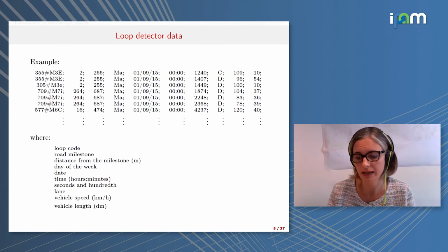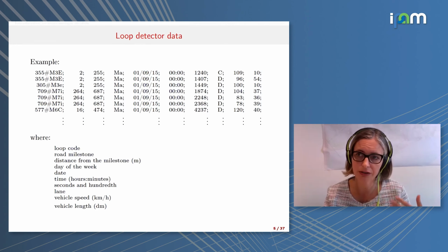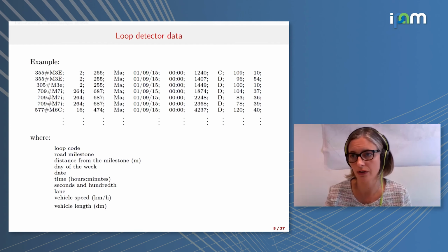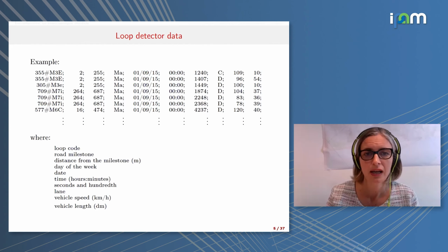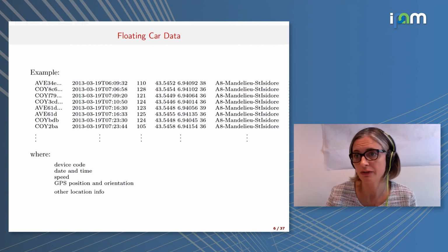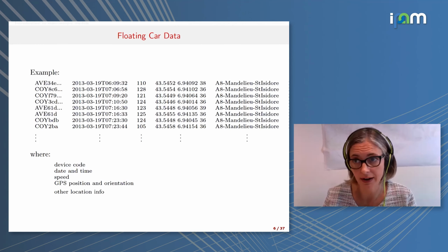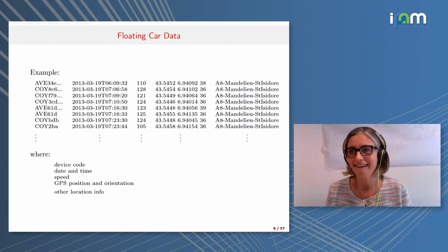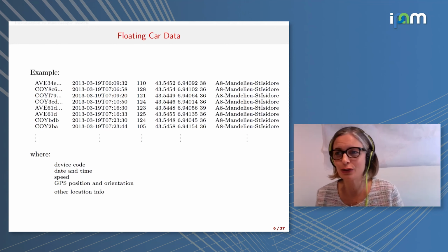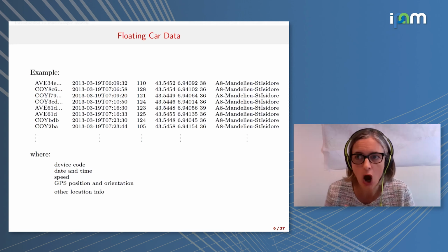So that's why in recent years, traffic engineers have been using other sources of data, like, for example, data coming from GPS, the GPS that are on the cars. So here now the problem is that not every car has a GPS on it, at least in Europe. And so you don't know exactly how many cars are on the road in that moment.